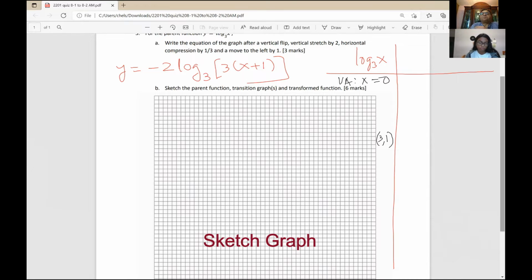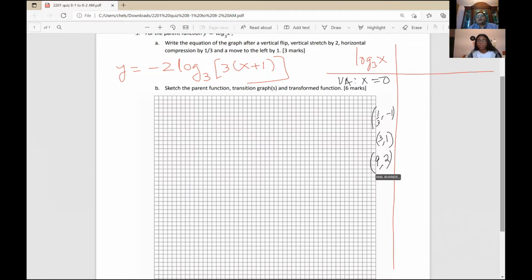If I write 3 to the power of minus 1, that is 1 over 3, then the y value will be minus 1, correct? If I write 3 squared, which is 9, I'll get 2 as the y value, correct?